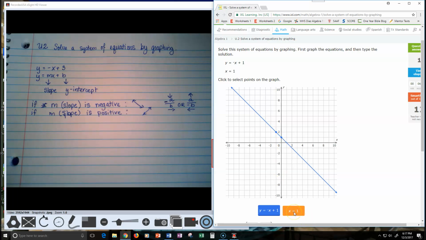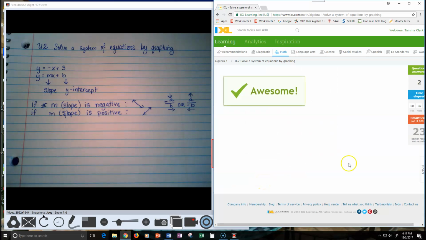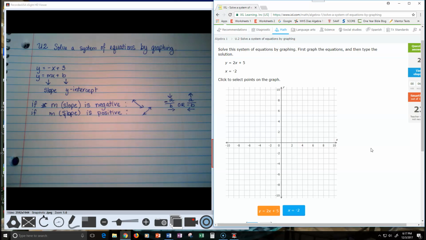Well, we remember that x equals 1 means that it's a vertical line. We're going across the x-axis. So here, where the lines cross, right here, this is our solution or our answer. So our answer would be 1, 0.